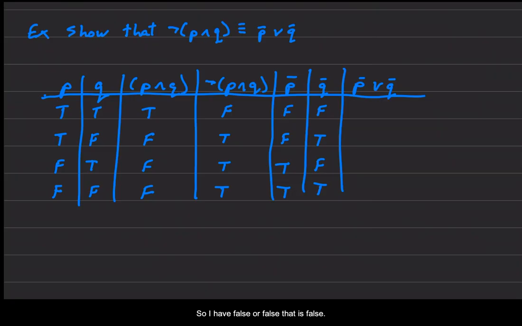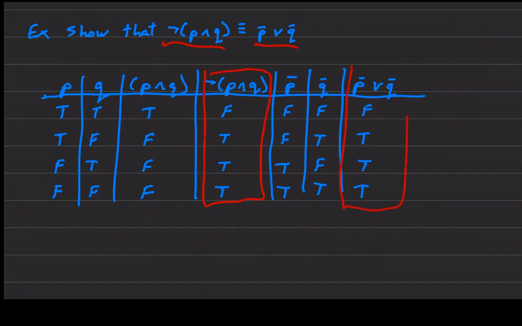So I have false or false, and that is false. I have false or true, that is true. True or false is true, and true or true is true. So once I have these, I can see this and this are these columns here, and those two columns have the same truth value, therefore they are logically equivalent.